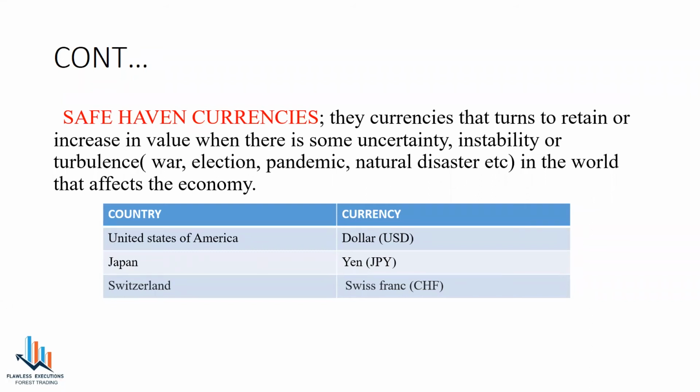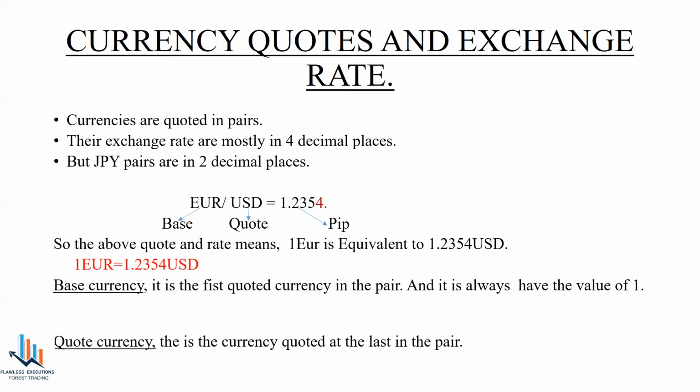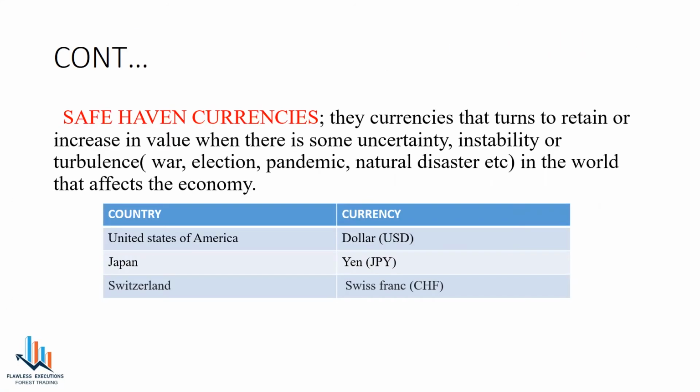Investors have known that these currencies are the safe haven currencies. So when the pandemic struck, these nations had their fair share of it, but still their currencies appreciated, while other currencies like commodity currencies depreciated.